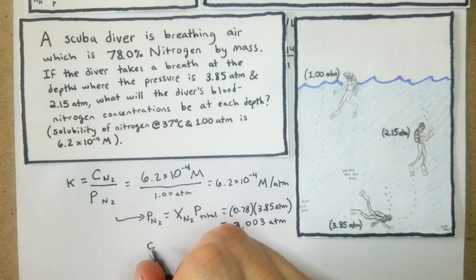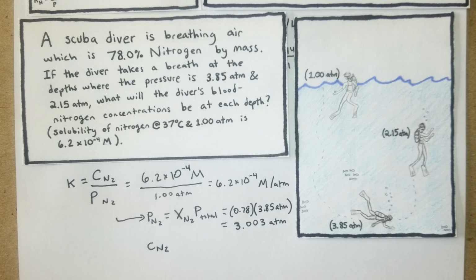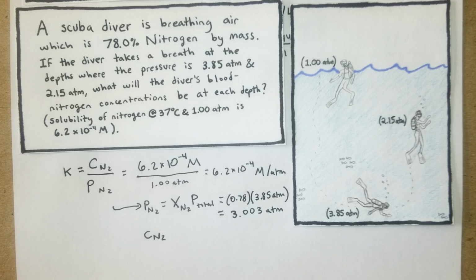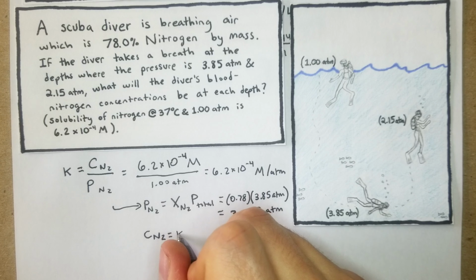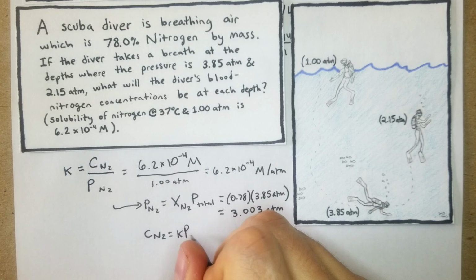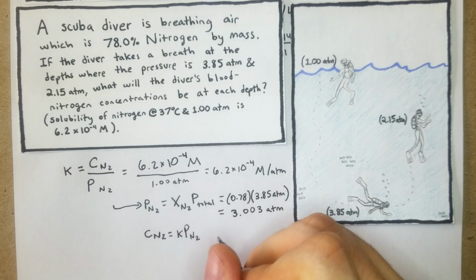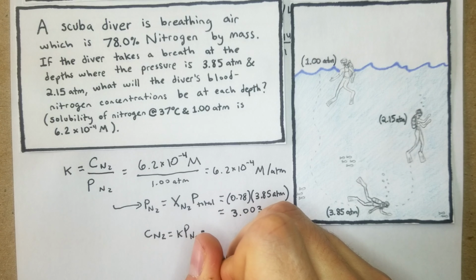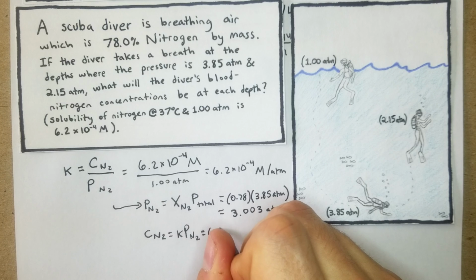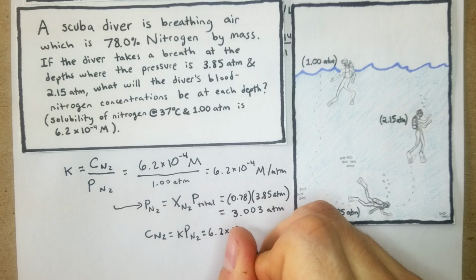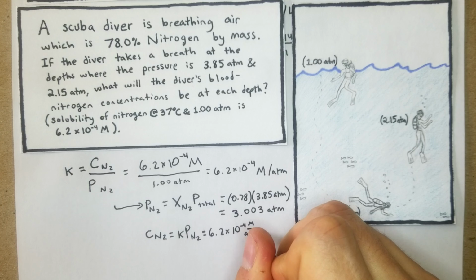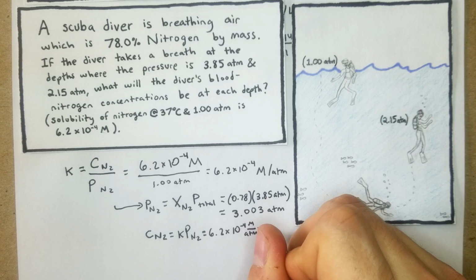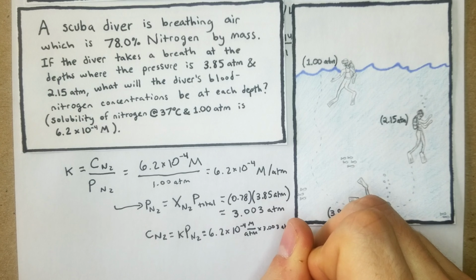Now our C of N2 is going to be equal to K times P of N2: 6.2 times 10 to the negative 4 M over ATM times 3.003 ATM.